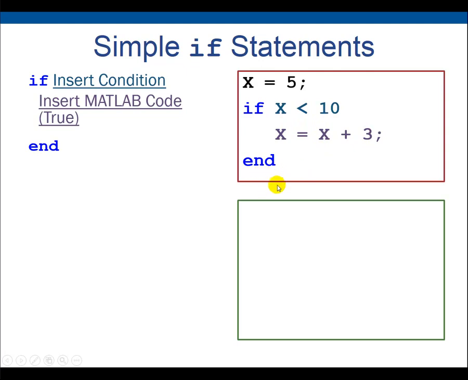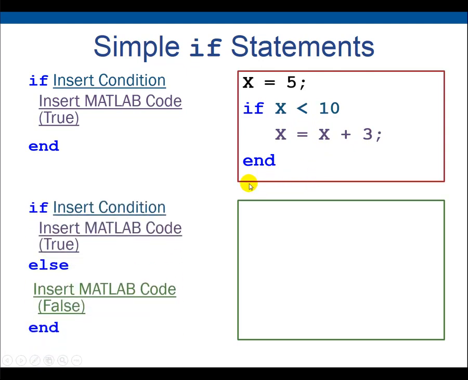So x will contain the value 8. We have a multiple if, so m equals 20. Is m greater than or equal to 20? Yes. So m will contain 0. This else if statement will not execute because the upper one is satisfied. Okay.